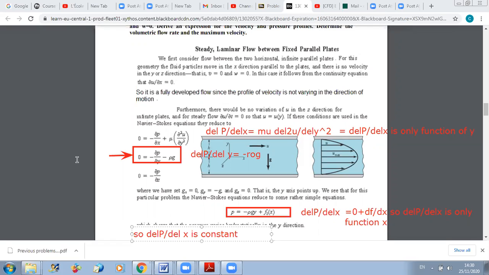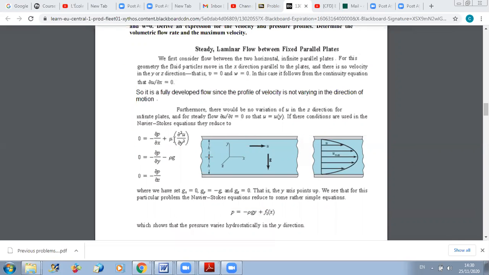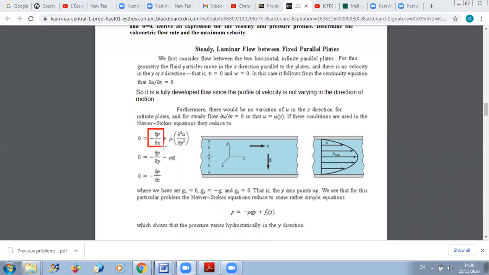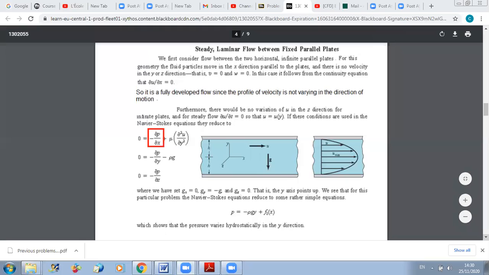When I integrate with respect to Y, I will integrate a constant. So now I can continue my problem to find the variation of U. Do you understand why I did this step before? Because when I want to integrate with respect to y, I should know if this is a function of y, yes or no. But from my analysis, I found out that this is a constant. So now I can easily integrate.